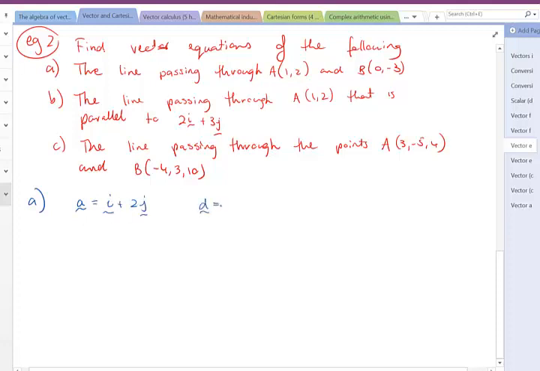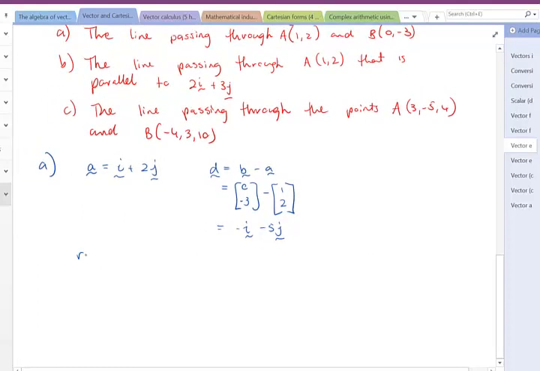And the direction vector is going to be B subtract A. So B subtract A, (0, -3) subtract (1, 2): 0 take 1 is -i, and -3 take 2 is -5j. So that means our vector equation of the line is going to be i plus 2j plus (negative i take 5j) t. So the first one's nice and simple.